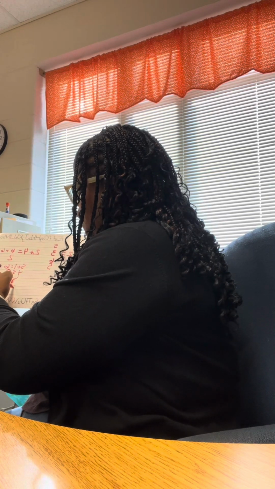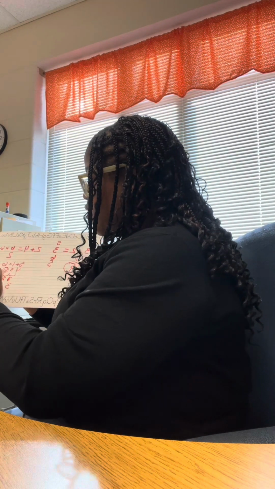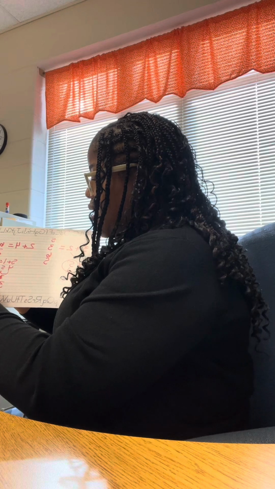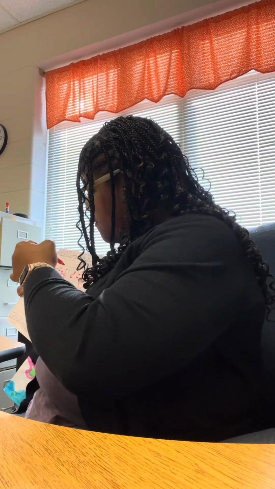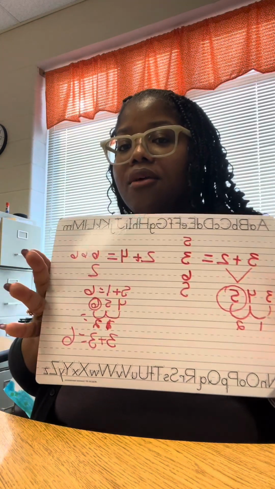Gotcha. So you started with 3, and then you added your other 1 from your 4 to that to make it 3 plus 3, and then you knew that 3 plus 3 equals 6. All right, that's a really good way. Good job. All right, let's do our last one.